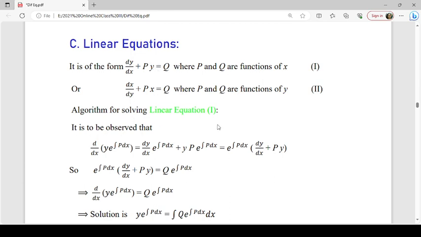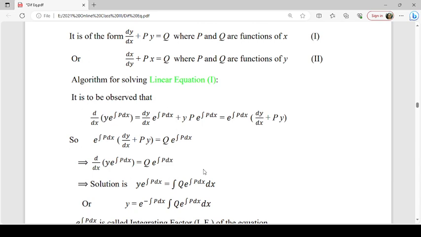So like this. Now there is an algorithm for solving a linear equation. We say e to the power integration p dx, this part, we say is the integrating factor. Integration of p dx, this p is the coefficient of y, this is the integrating factor.